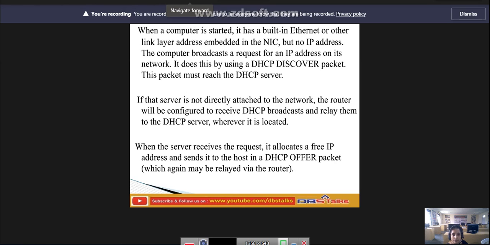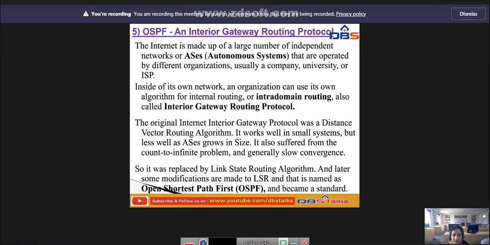Next, the fourth one is OSPF, an interior gateway routing protocol. The Internet is made up of a large number of independent networks or autonomous systems that are operated by different organizations, usually a company, university or ISP.